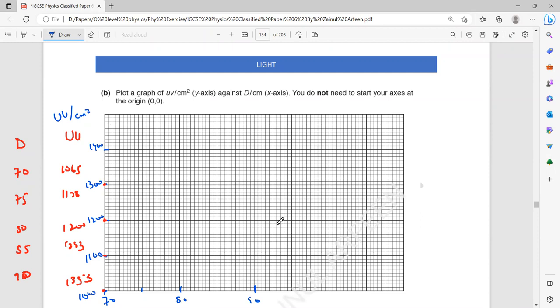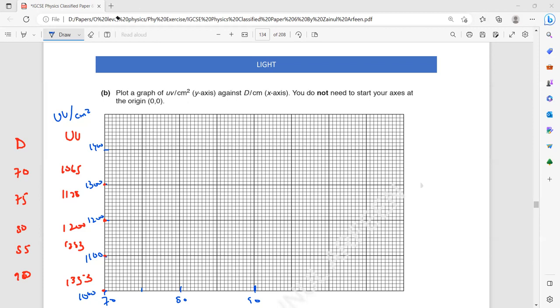But usually, whenever you plot a graph, if I select this as my scale, what is the drawback here? I should use more than 70% of the axis. If I'm using this as my scale, I'm using only 50% of the x-axis, so that is not the right scale. The right scale is the one in which you are using about 70% of the axis.